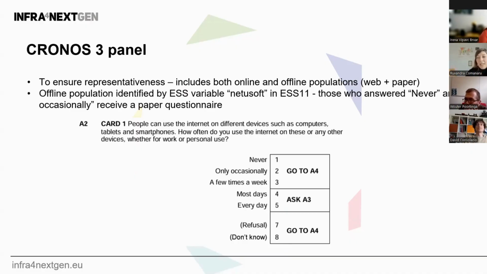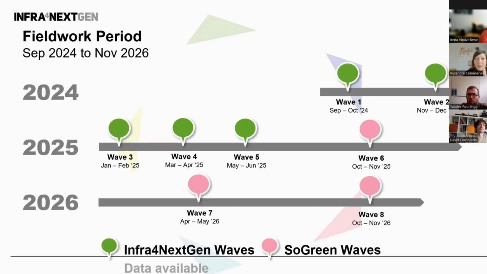And then they stay in that particular mode for the rest of the panel data collection. This way, we make sure that people are comfortable using the online version and those that are not receive the paper questionnaire.